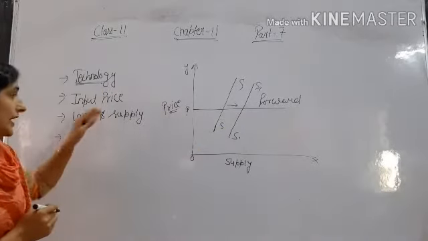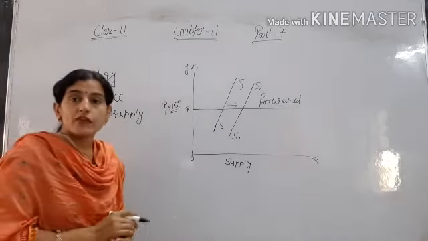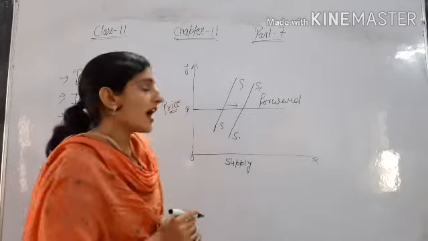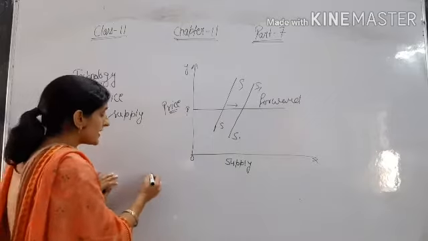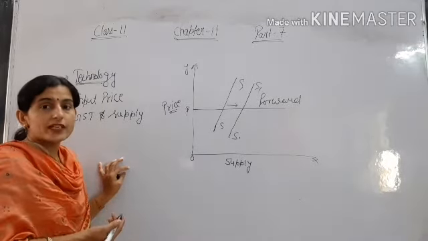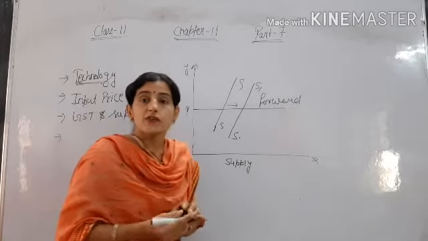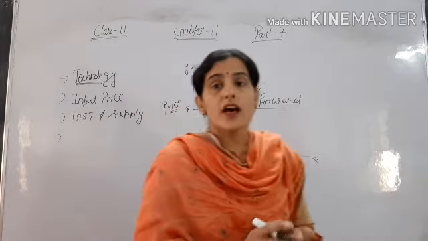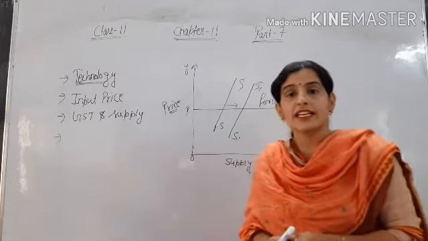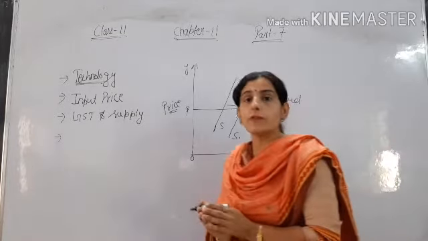The next is input price. If input price increases, then there is high cost of production. Input price means the price of factors of production. What are the factors of production? Land, labor, capital. If these are high in cost, or we can say the price of factors of production is more, then there is high cost of production.